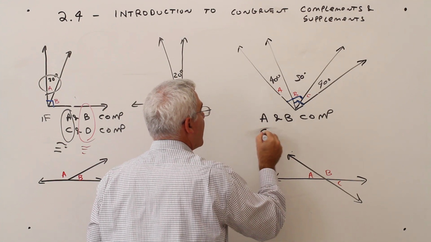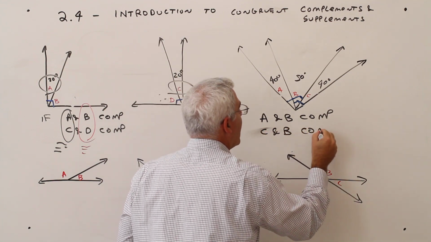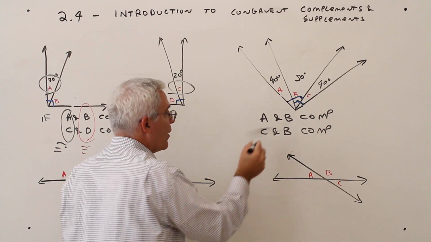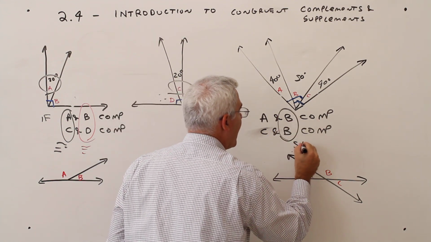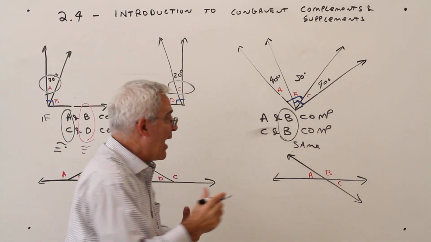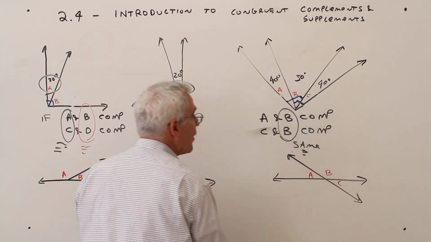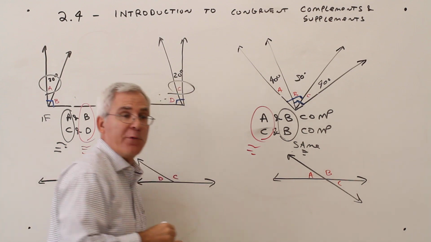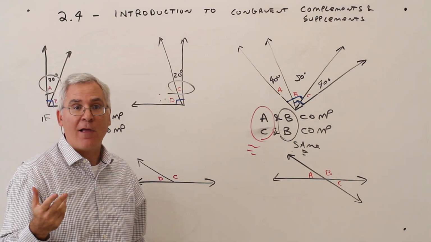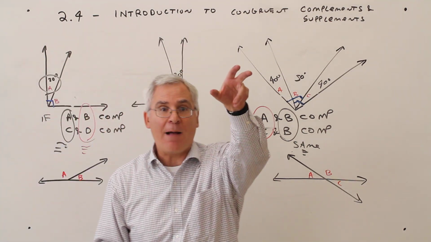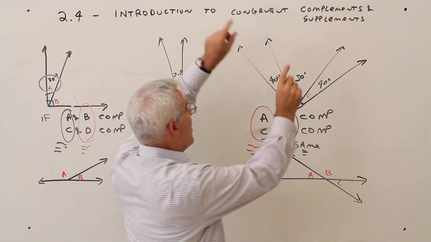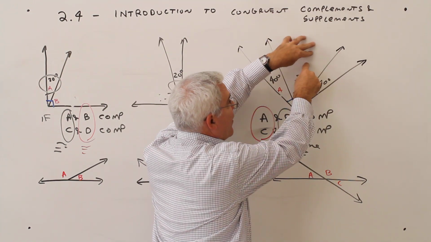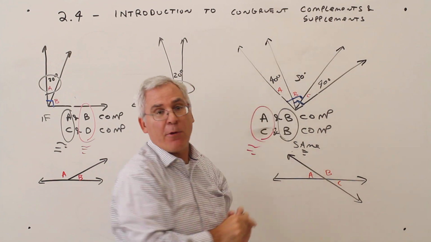I'll write C and B complementary. These are the same, and if they're the same, obviously they're congruent. If those two parts are congruent, then those two parts are congruent. That's all I'm saying. So once again, if complementary, if this is the same or congruent to itself, then those two are congruent.